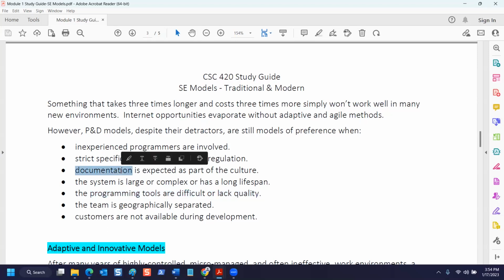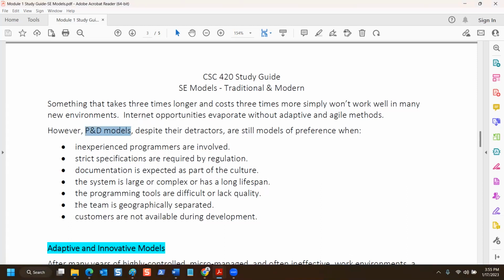Because you're documenting, oh my gosh, the programming tool isn't working, and oh my gosh, we don't have quality. So you are able to document the limitations. And so when people want to kick you to the curb, fire your team, they don't want to use you anymore, you can go back and say, well, this isn't us. It has to do with the tools. You insisted on using old development tools.